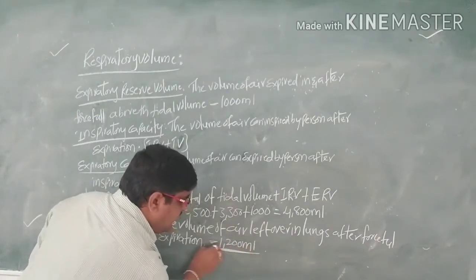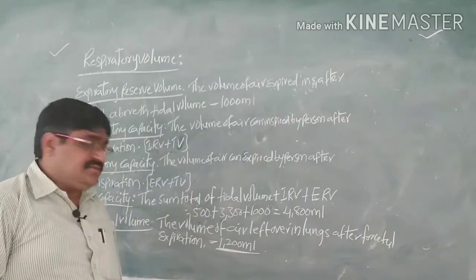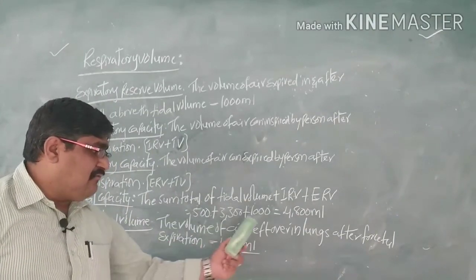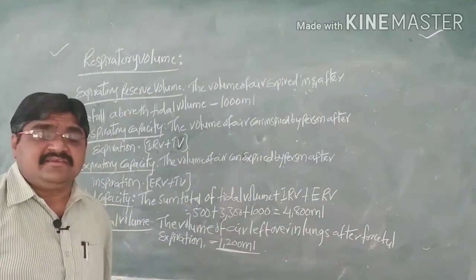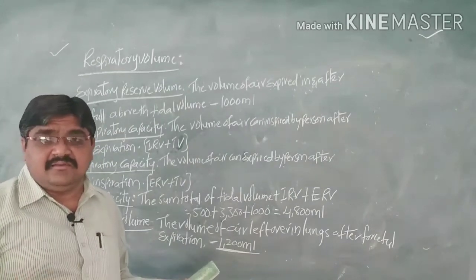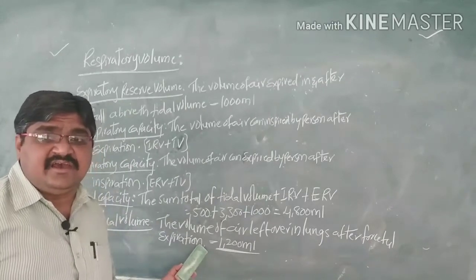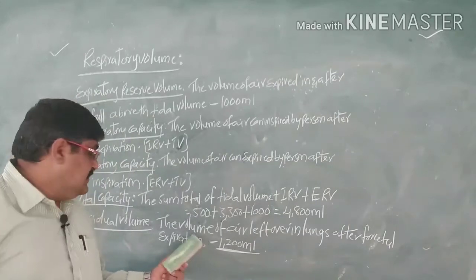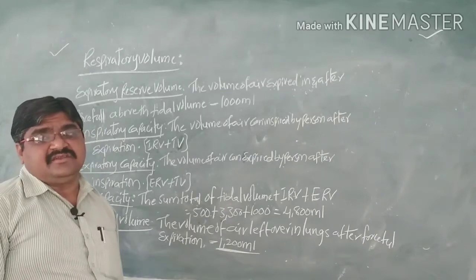That means the air left over in the lungs after forcibly expelling the air outside the body, we call the residual volume, which is 1,200 ml.